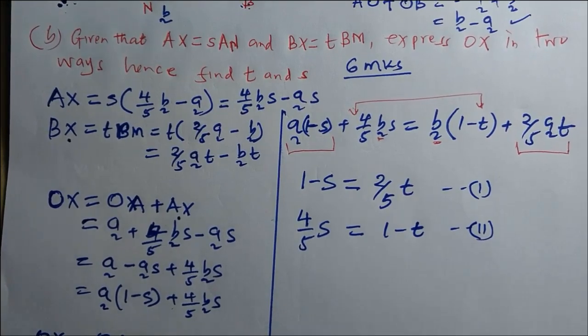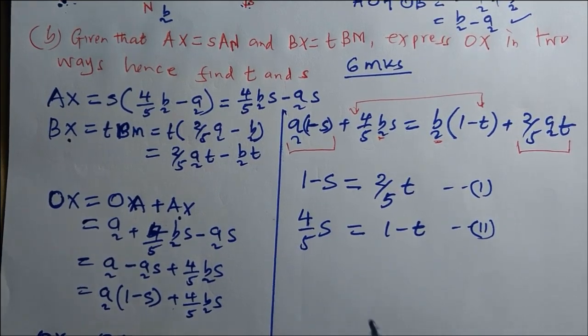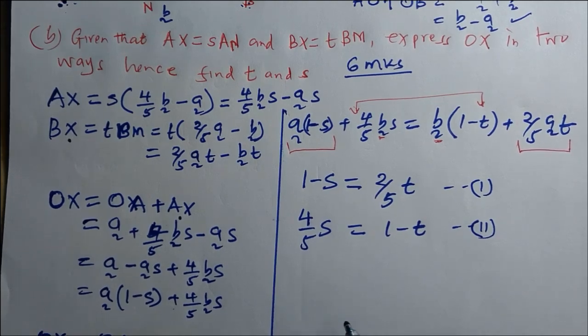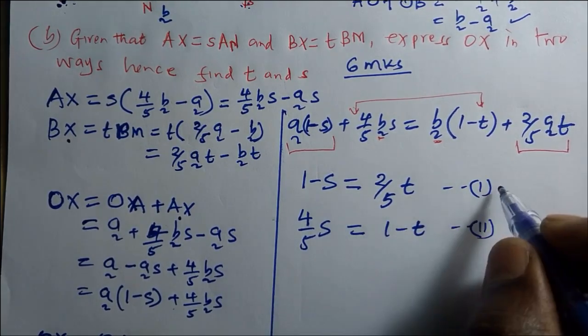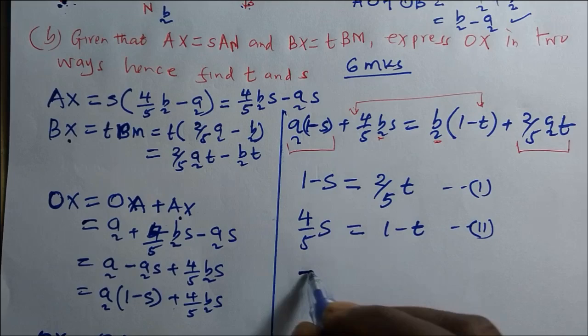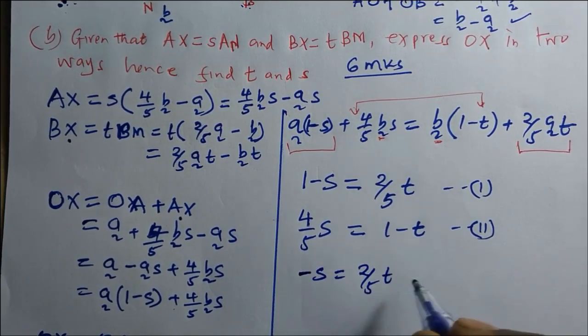Now we solve equation 1 and equation 2 to get the value of T and the value of S. You can try to use substitution. Let me do substitution. I will make S the subject of equation 1. Minus S is equal to 2 over 5T minus 1.